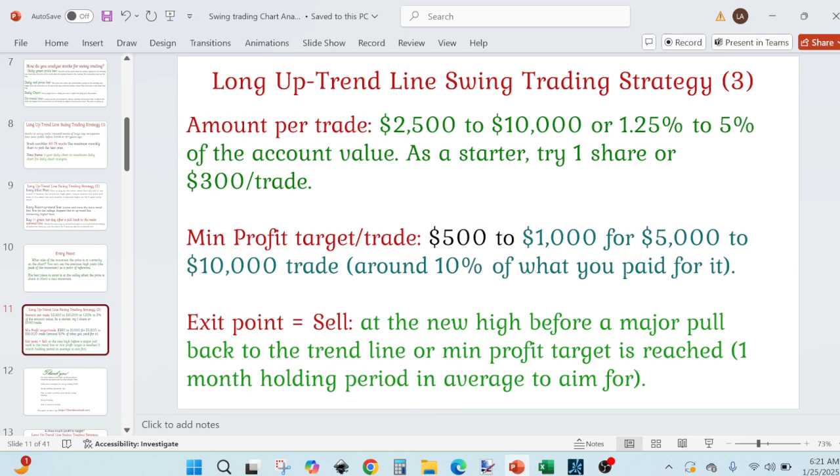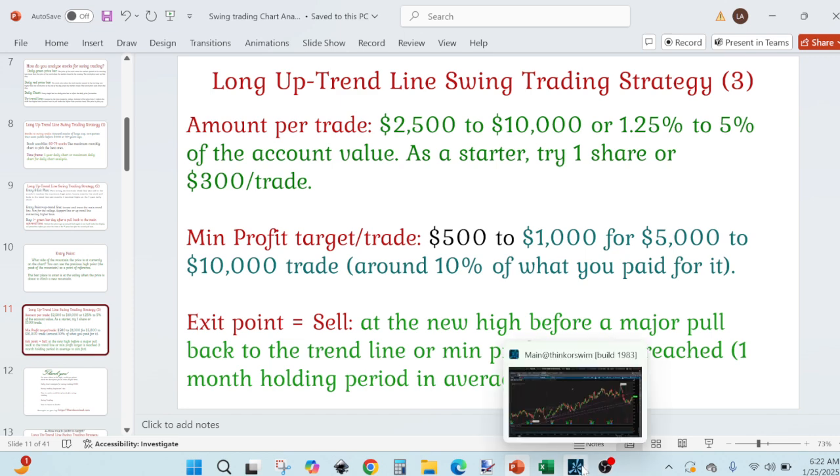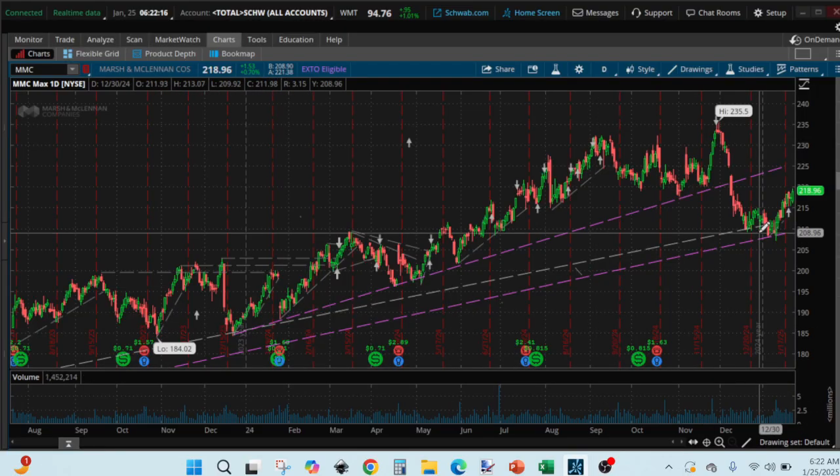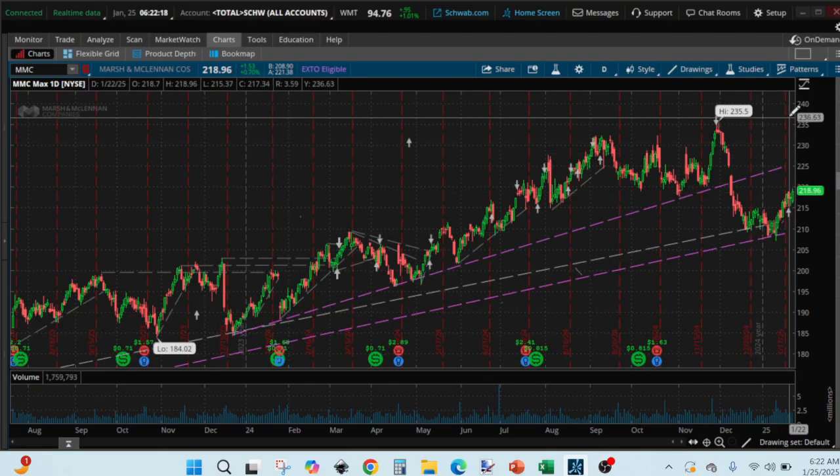But again, you put it in perspective or in context, knowing what side of the mountain you are riding, to see if you want to wait for multiple new highs before you get out, or if you want to sell at the first one that you come across.